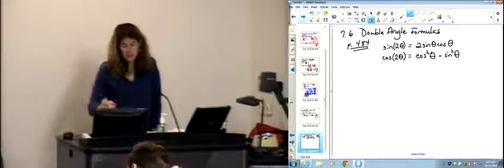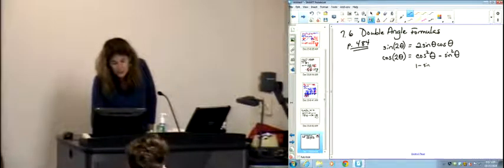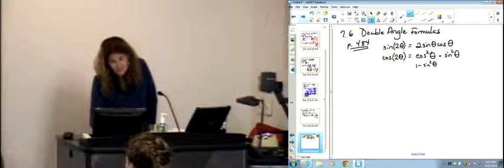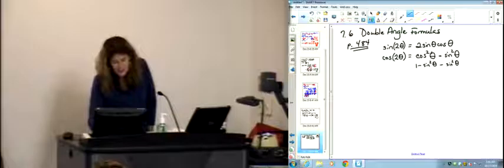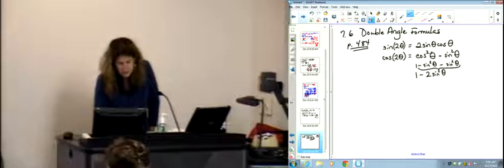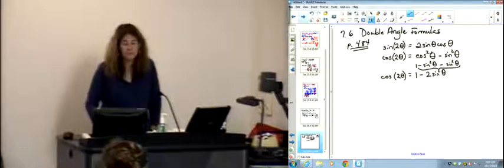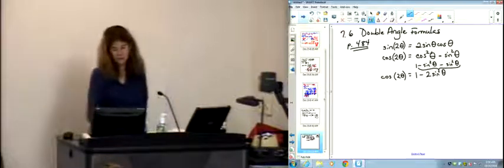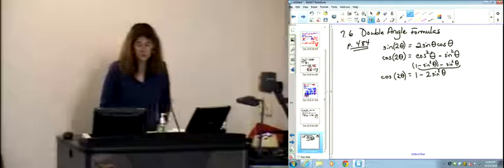Because cosine squared theta is the same as 1 minus sine squared theta, right? And then minus this sine squared theta, we could write this as 1 minus 2 sine squared theta. That's another way of looking at the cosine of 2 theta, coming from where cosine squared theta is 1 minus sine squared theta.